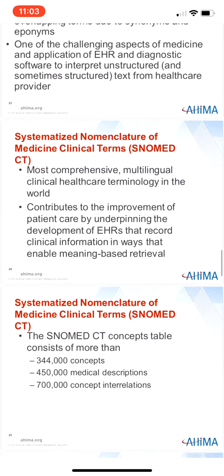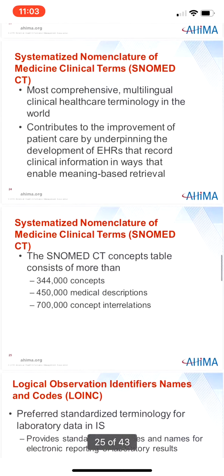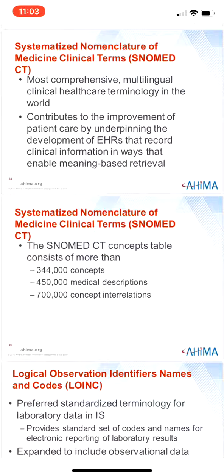SNOMED CT has a concepts table that consists of more than 344,000 concepts, 450,000 medical descriptions, and 700,000 concept interrelations, each of which has a unique meaning and format definitions such as 98 degrees, spelling out the word degrees, versus 98° with the degree symbol.